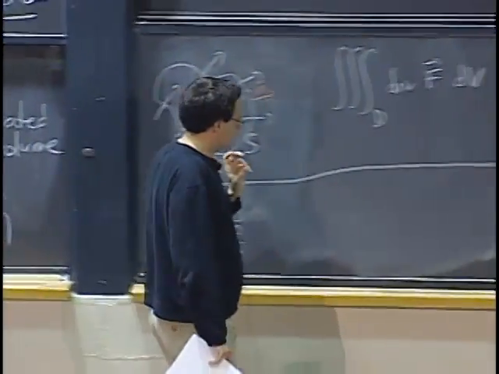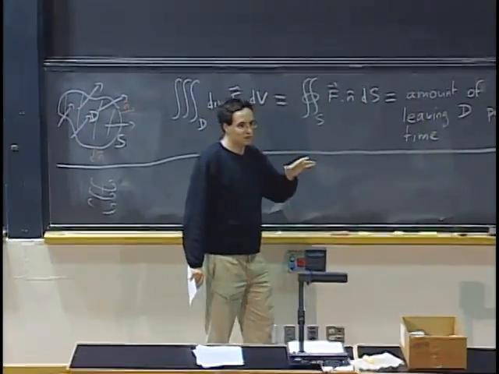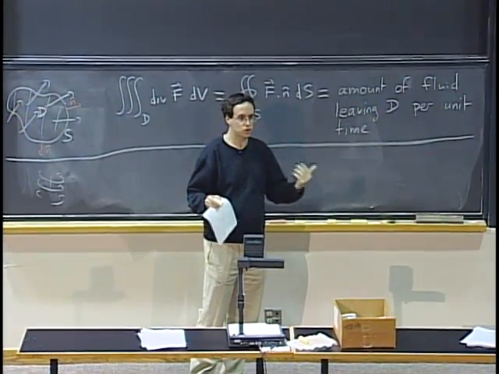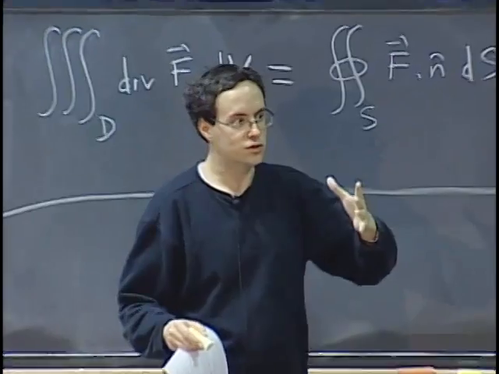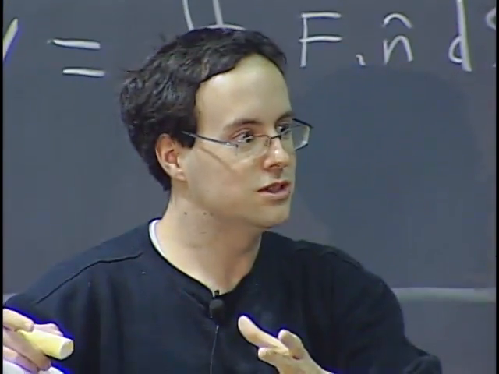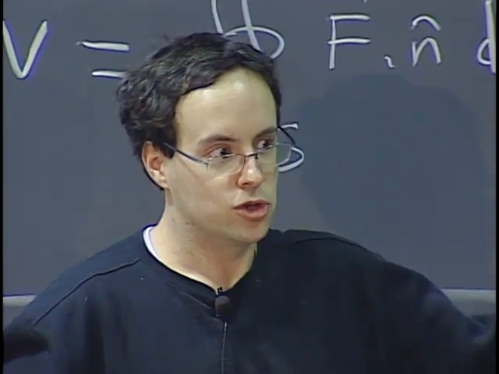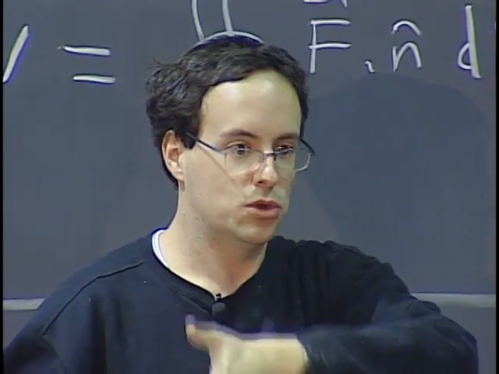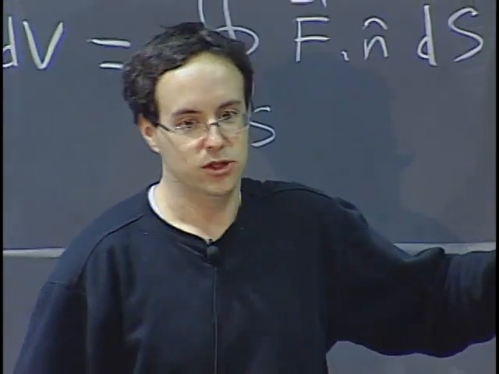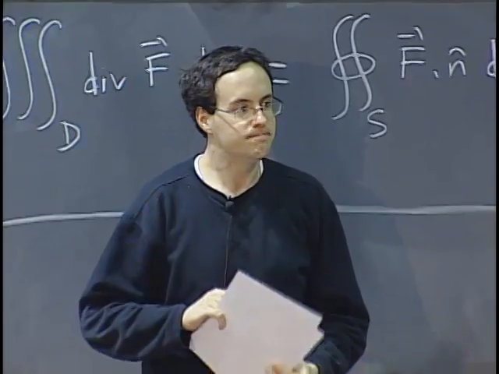Divergence and gradient are completely different things. The only thing they have in common is that both are what's called a first-order differential operator. That means it involves the first partial derivatives of whatever you put into it. But one of them goes from functions to vectors, that's gradient. The other one goes from vectors to functions, that's divergence. And curl later will go from vectors to vectors, but that will be later.